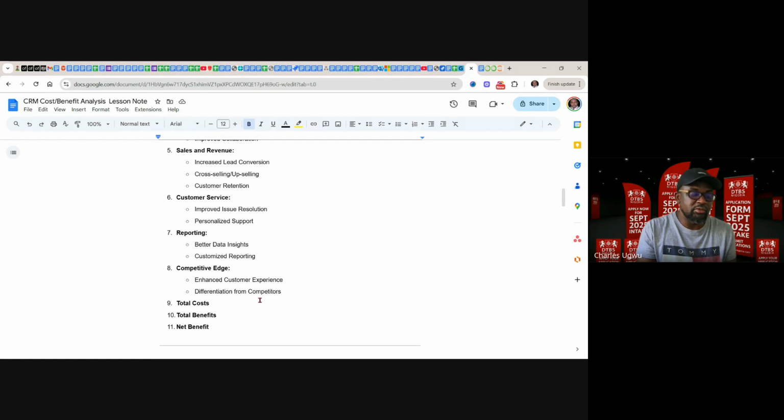So you have to get the total cost, and then you have to get the total benefit. The net benefit is when you subtract the total cost from the total benefit. The net benefit is either plus or minus.